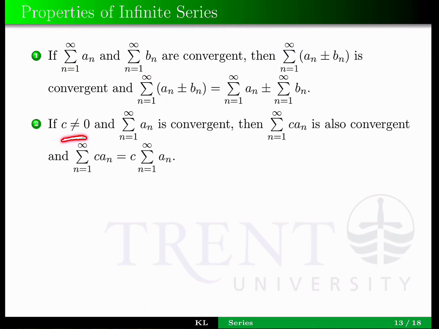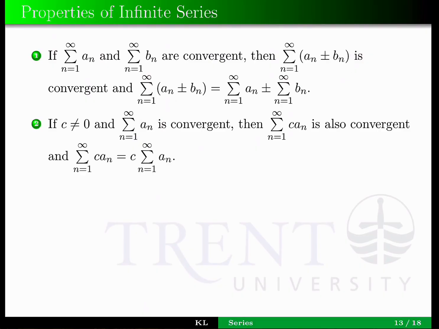If c is not equal to 0 and the series an is convergent, then you can multiply each term of an by that c. And your new series will still be convergent.